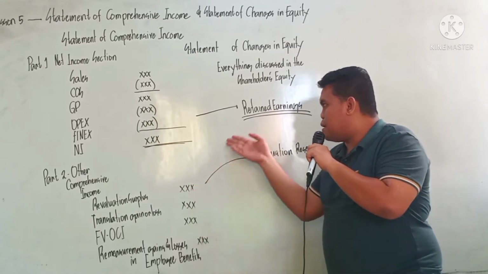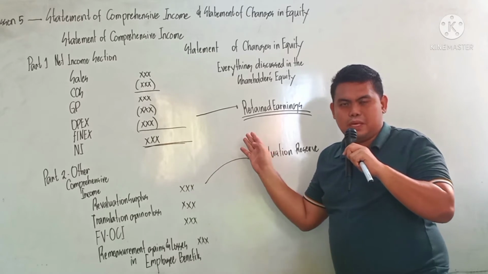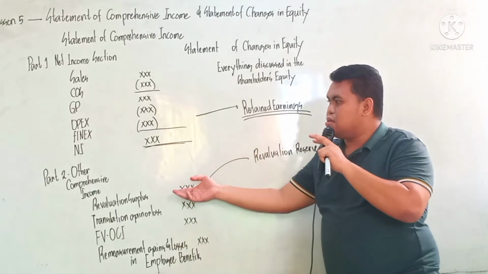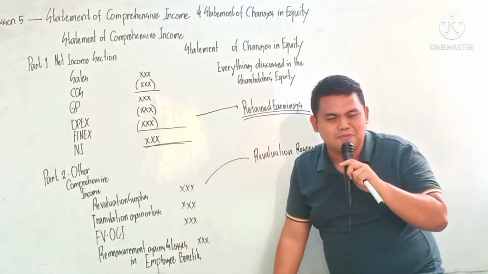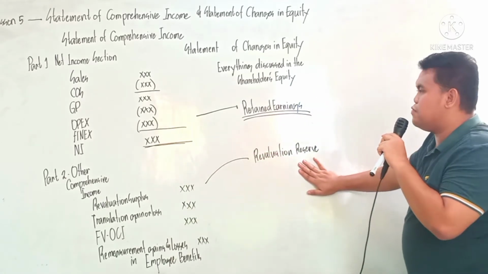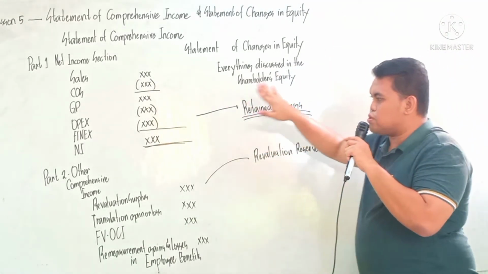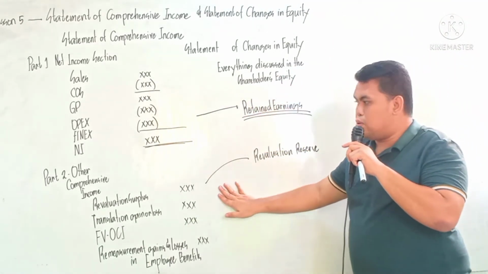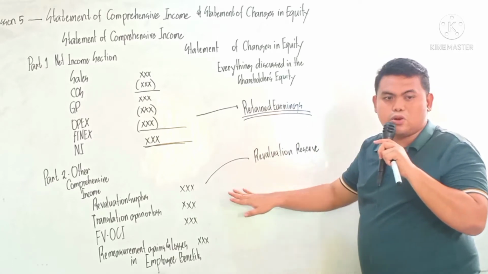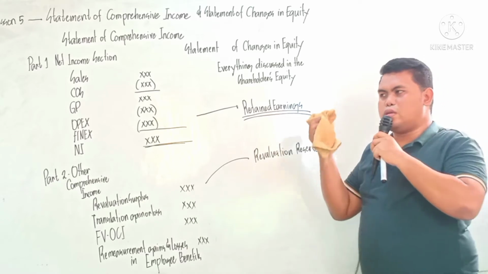Little by little, it will become part of the retained earnings. Pero the moment na ma-recognize siya, dito muna sa other comprehensive income, and then it will go to the revaluation reserve. So that's why they should be separated, because again, this one will go to the retained earnings. But this one, the other comprehensive income items, will go to the equity also, but not under the retained earnings.